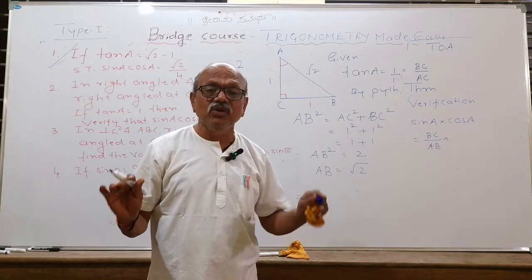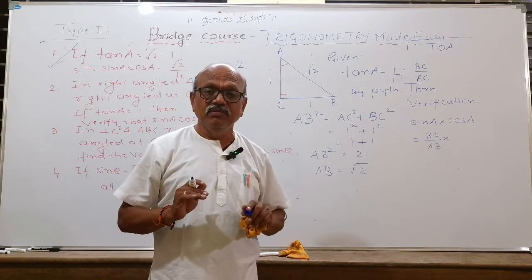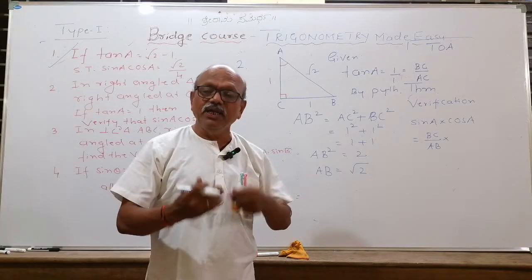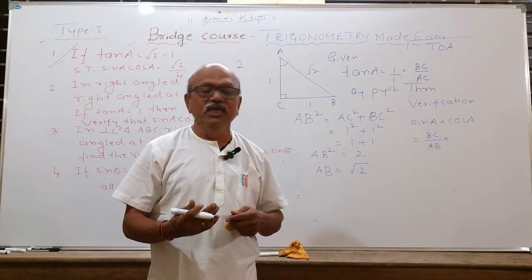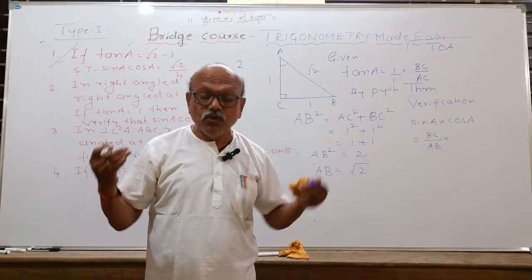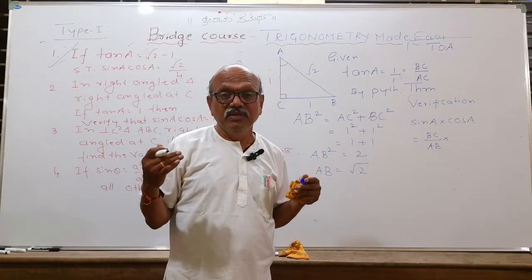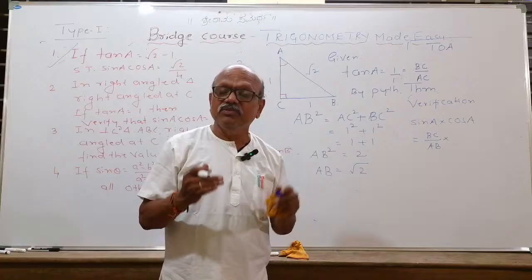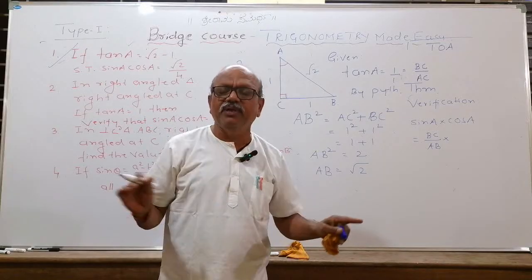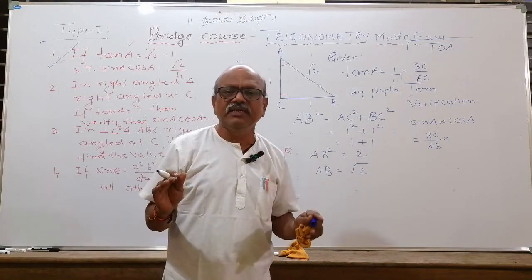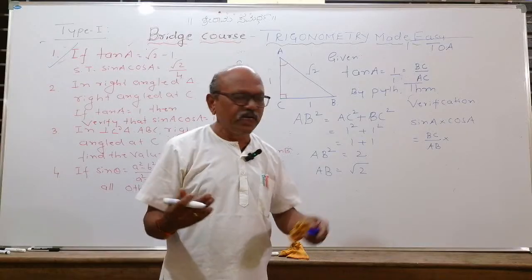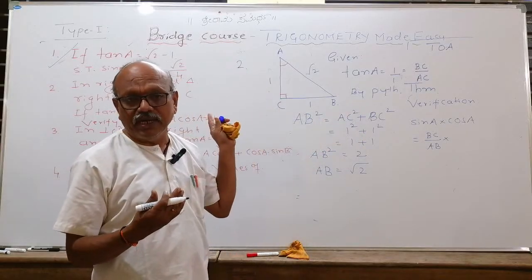Competition means you have to compete with yourself. Go on improving day by day in your own capacity. If some of your friends are solving fast, don't get depressed. Give some more time at home. Sit in your study room silently and practice it. If you are not understanding, you can rewind my video again and again.